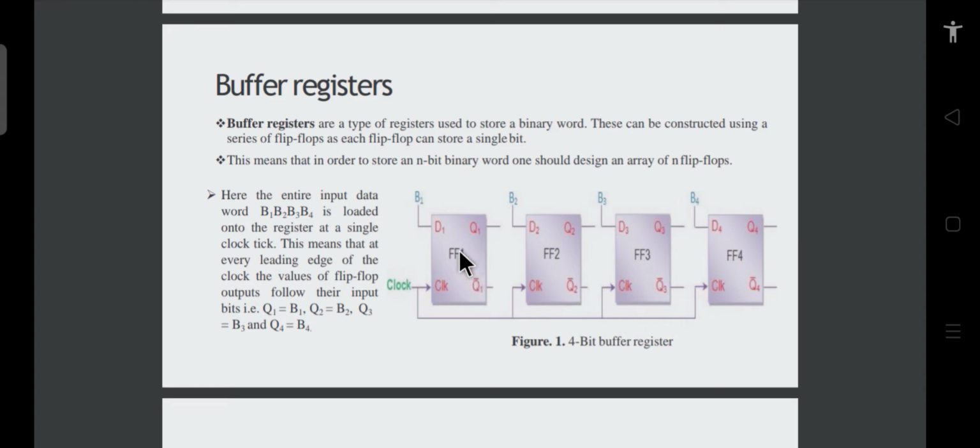So flip-flop 1 will be loaded with bit 1 of the digital word, flip-flop 2 will be loaded with B2, flip-flop 3 with B3, and flip-flop 4 with B4. These are called buffer registers.